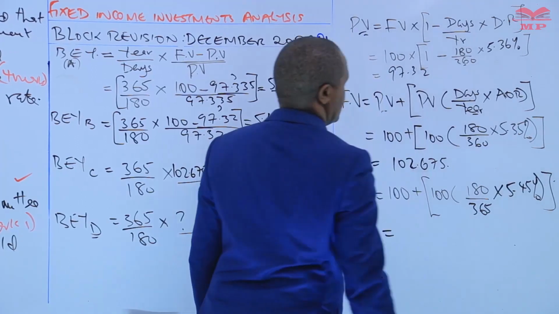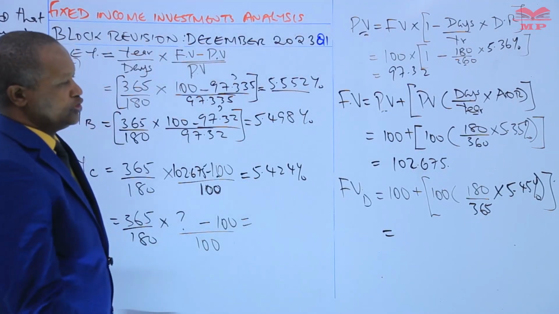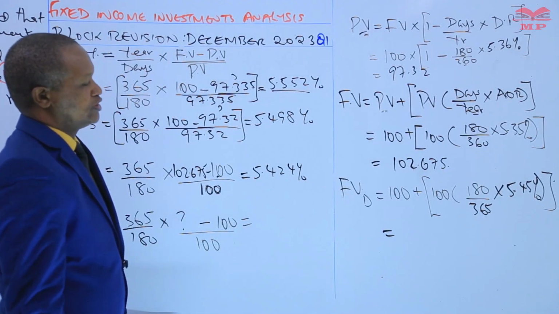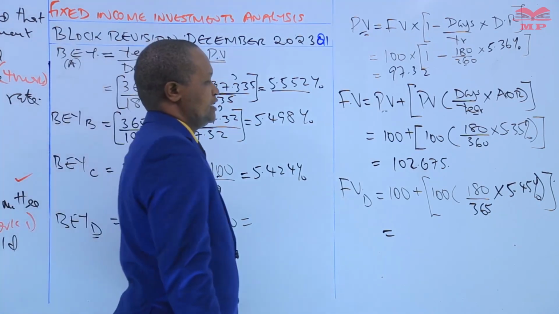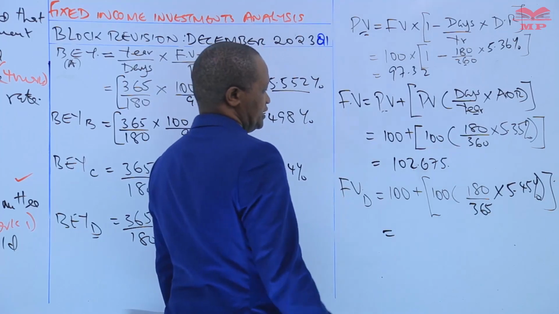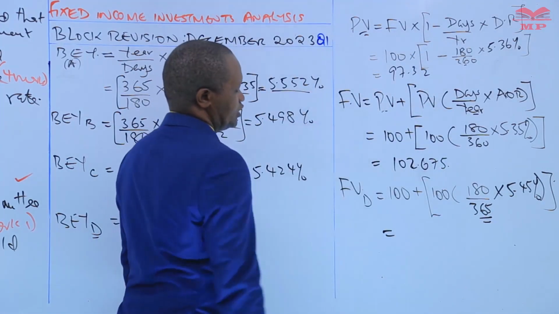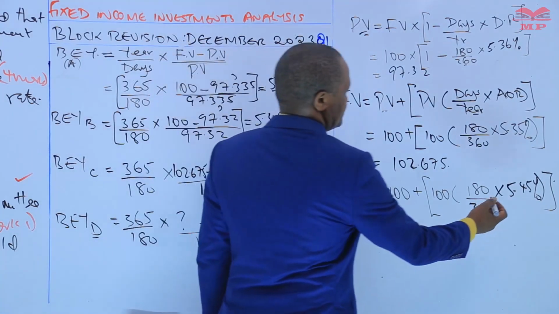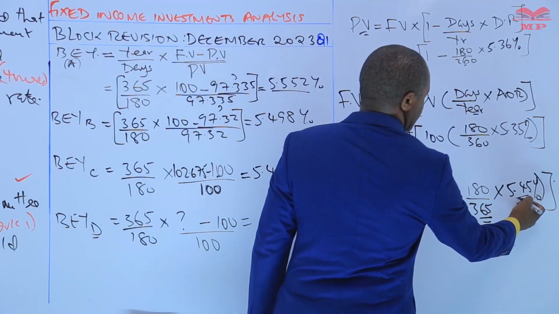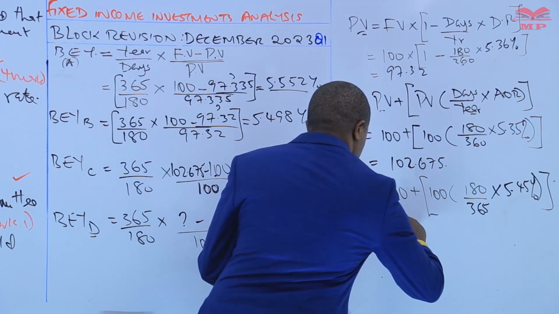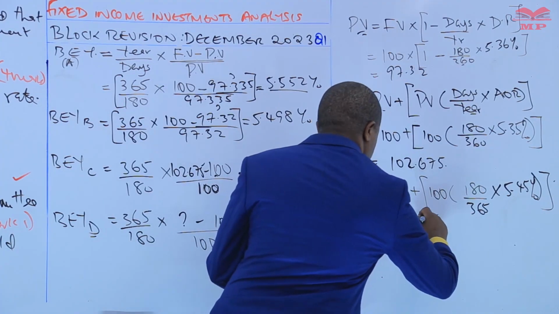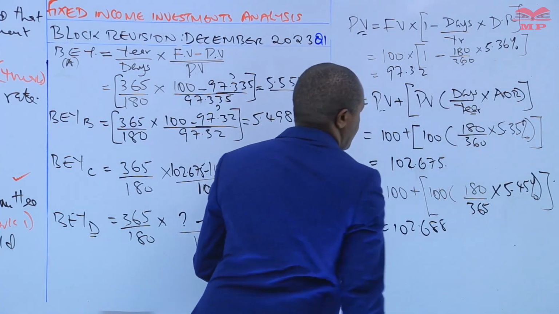And candidates, we don't need to calculate this, because if the assumed number of days is 365, then automatically the answer that we are going to get here will be the quoted rate, which is 102.688.